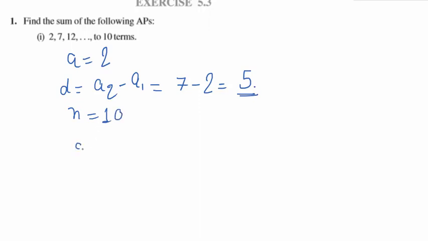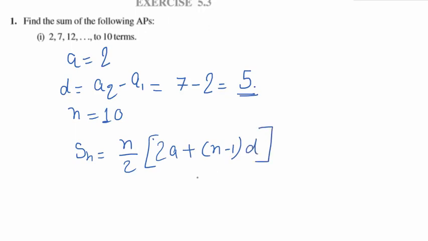We have to find the sum, so Sn equals n by 2 into 2a plus n minus 1 into d. This is the formula of Sn. Now substitute the value of n, that is 10, divided by 2, into 2 into a, which is 2, plus n minus 1, that is 10 minus 1, into d.